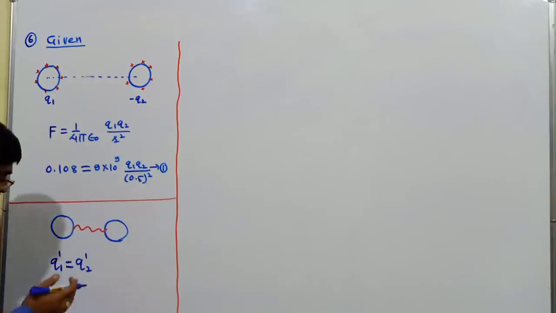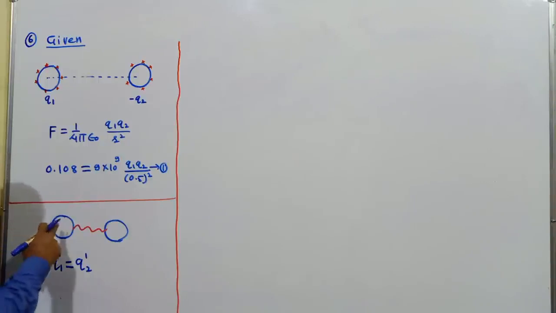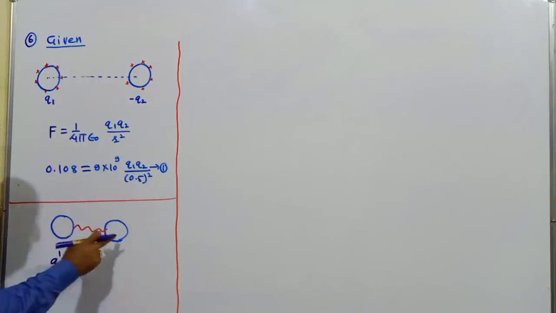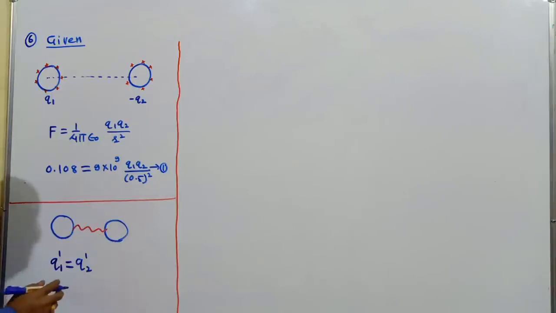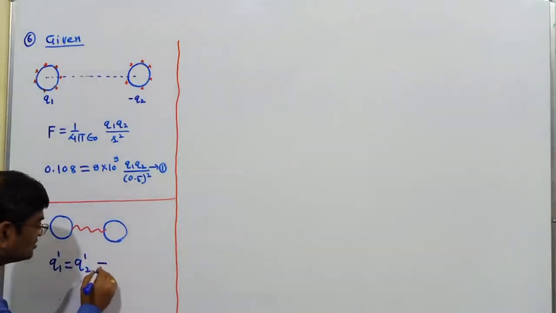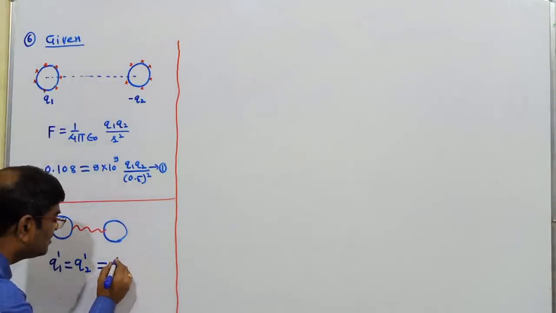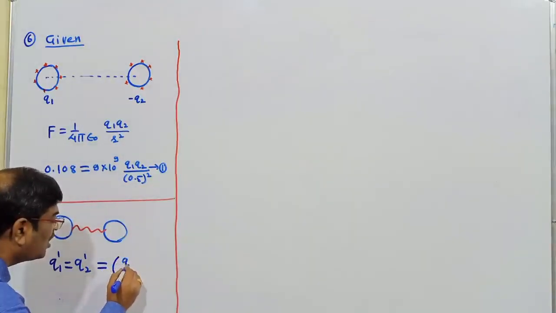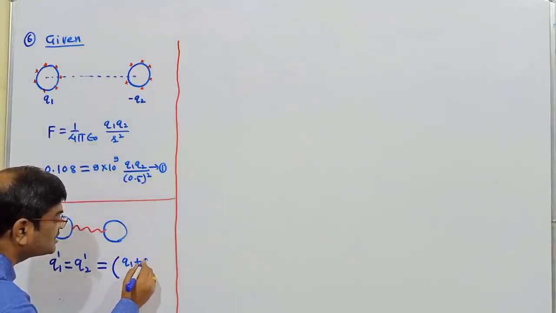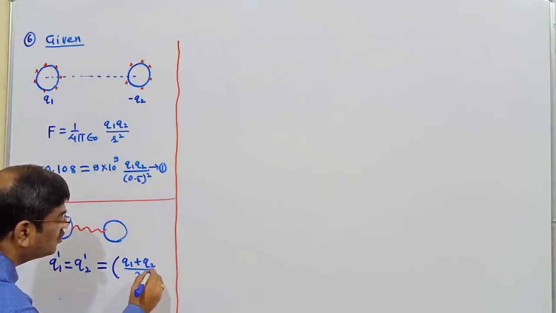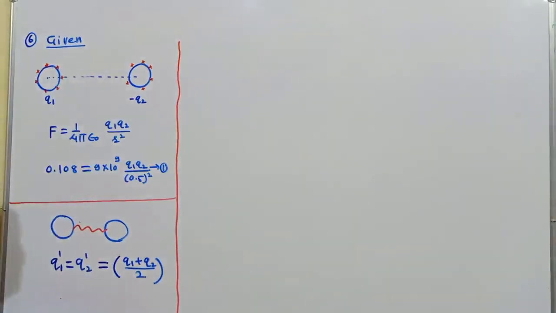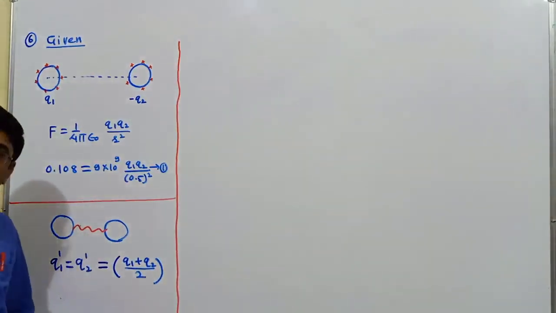I am talking about Q1 dash, the charge in the first one after shuffling of charges, and Q2 dash, the charge in the second one after shuffling of charges. And this charge is found to be Q1 plus Q2 divided by 2. What is Q1? Charge on the first one. What is Q2? Charge on the second one.